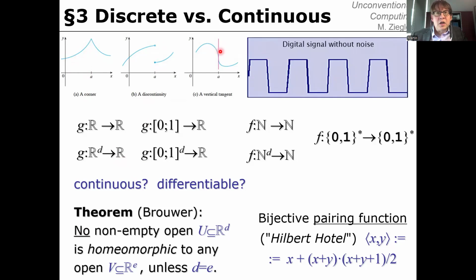Here's another example of a singularity. Here, there's a slope going down. Oh, here it's also going down, but here the slope is intuitively negatively infinite. So that can also happen. This function is not differentiable at this point. And we will need to have in the back of our mind such possible cases.